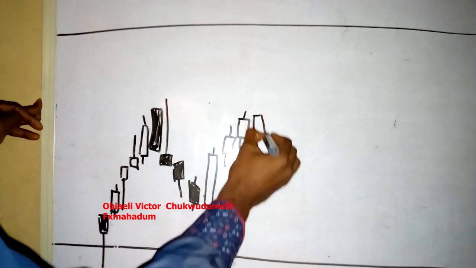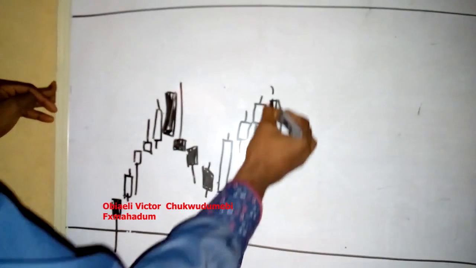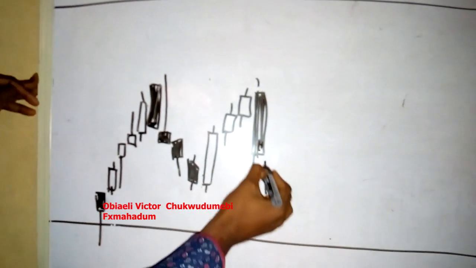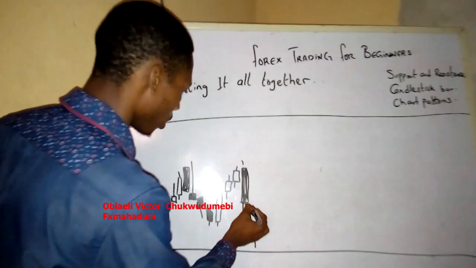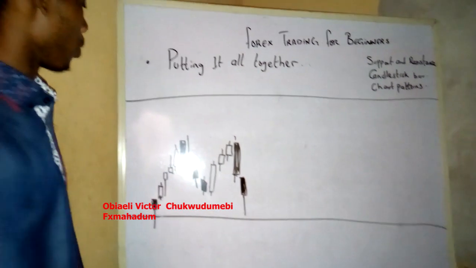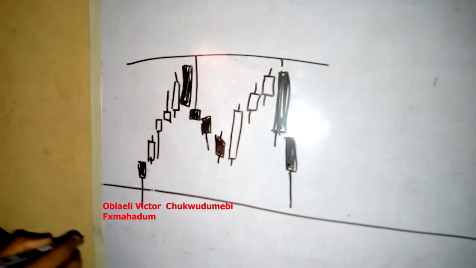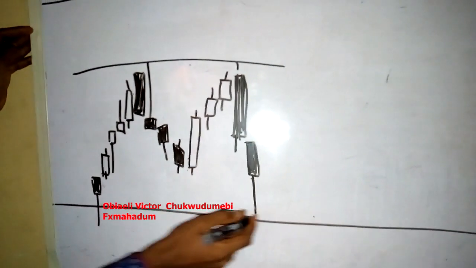Fall back down. Now, looking at this, we have a double top. As you can see, we have a double top here. And we also have a double bottom.